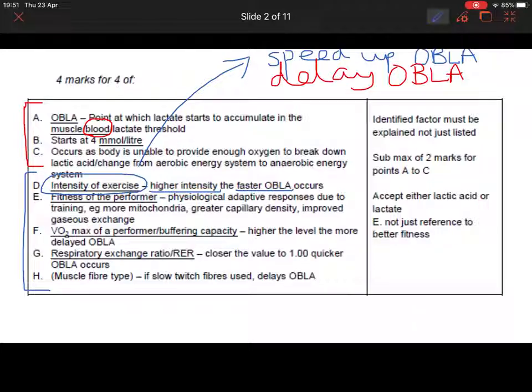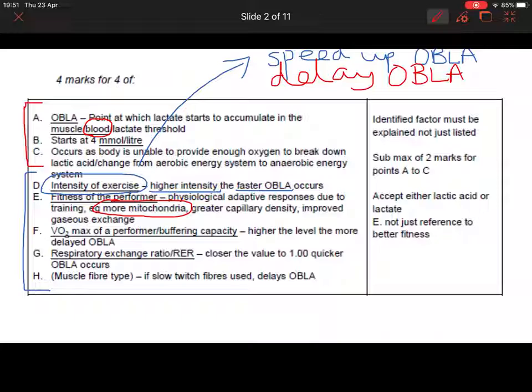Fitness of the performer. Now, fitness of the performer here will link to a mind map that you're going to be producing within this lesson, but also a lot of the content of the James Morris video from last week will be relevant here. Now, if I go back to my red to stick with the delay, more mitochondria.